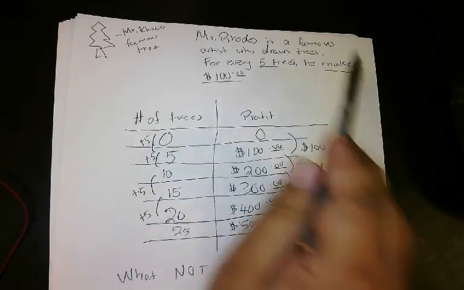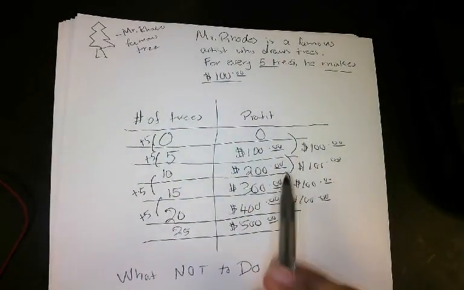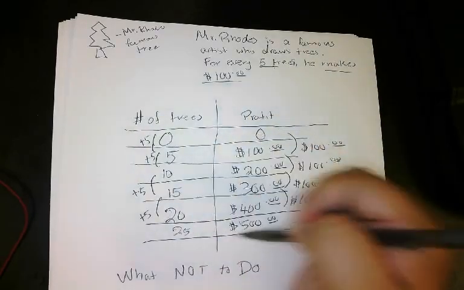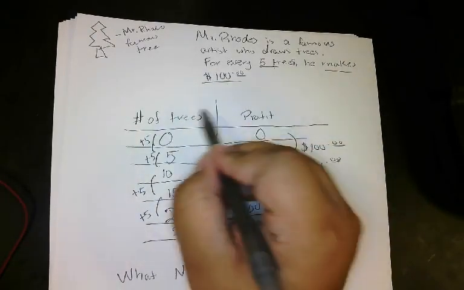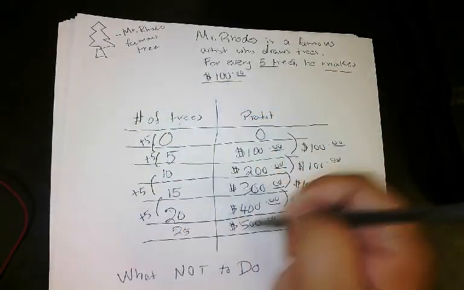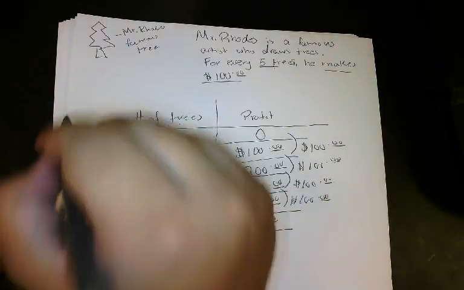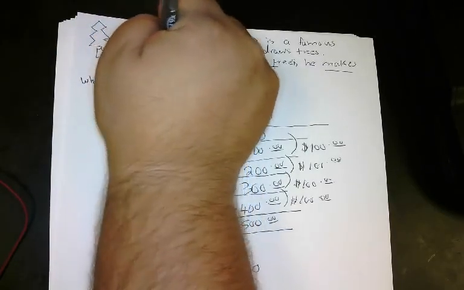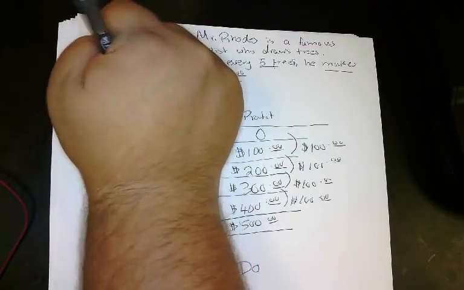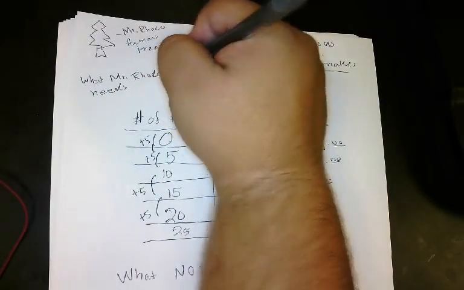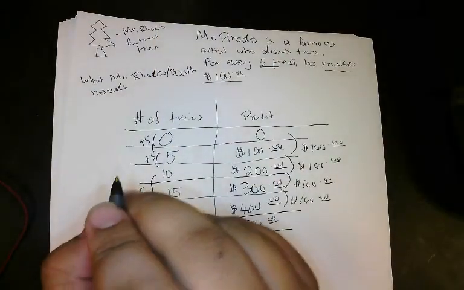Okay? So this is what I want your assignment to look like. I need this part with the prompt, and I also need the completed table labeled. Okay? So I need labels on both sides, a prompt, and a completed table. Okay? So I'm going to write that over here. What Mr. Rhodes needs, or Mr. South if you're, depending on whose class you're in.